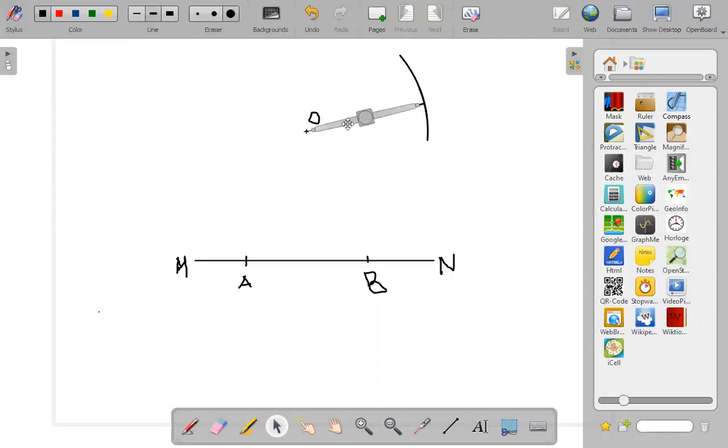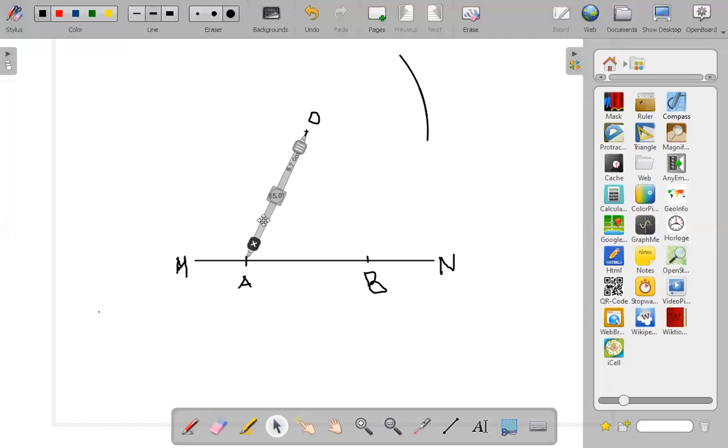All right, next step is to increase the radius of your compass to AO, okay? Radius AO. I hope you are following.